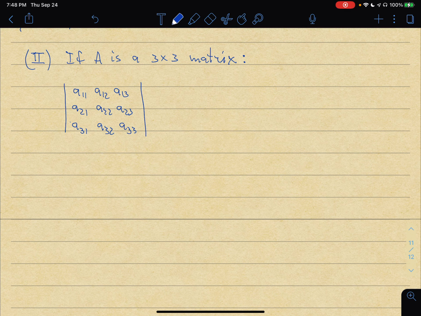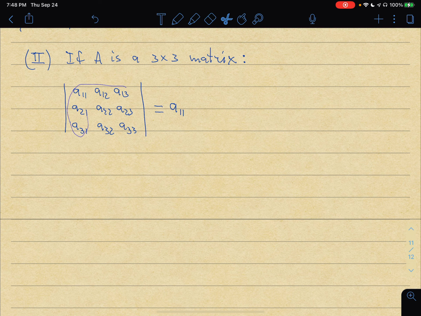We will take the first element in the first row, A11. We take that, then we cross out the first column that contains element 1, 1. We cross out the first row, which also contains element 1, 1.